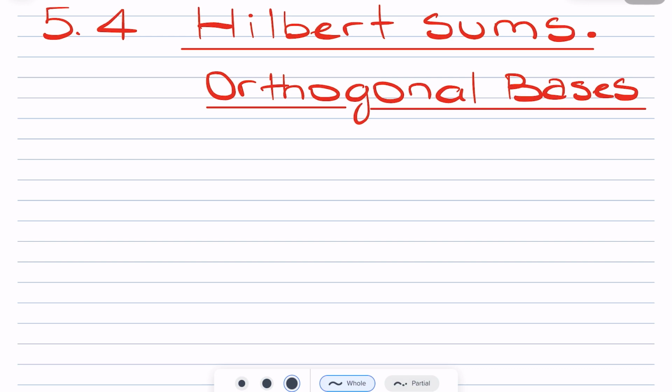So we start our exploration with a definition. So definition.